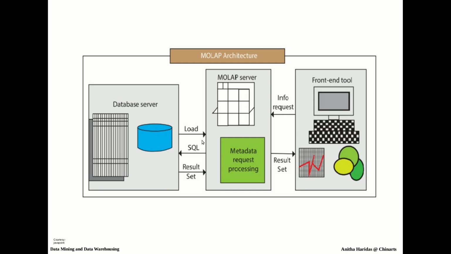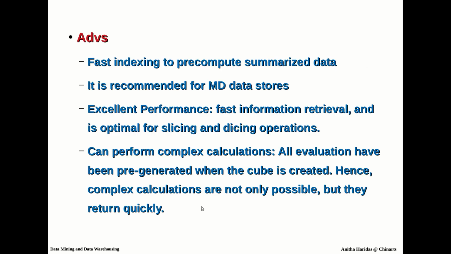But here the multi-dimensional data will be stored. That is why we have the load operation also. So we load the multi-dimensional data here and that will be stored here, right? Then it will be given to the front-end tool. Whenever the front-end tool is requesting, it is going to get the data only from the loaded multi-dimensional data and not from the database server.